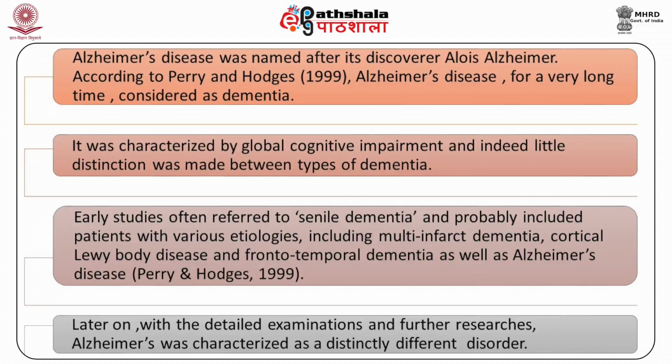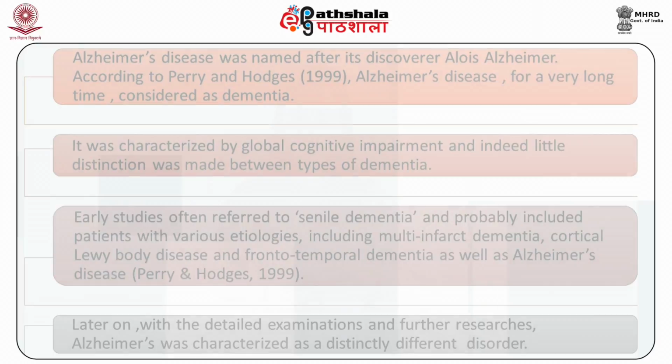Earlier studies often referred to senile dementia and probably included patients with various etiologies, including multi-infarct dementia, cortical Lewy body disease and frontotemporal dementia, as well as Alzheimer's disease, as found by Perry and Hodges in 1999. Later on, with detailed examinations and further research, Alzheimer's was characterized as a distinctly different disorder.